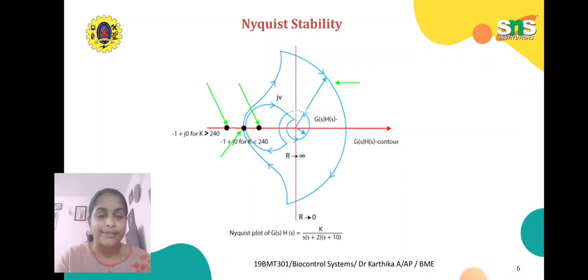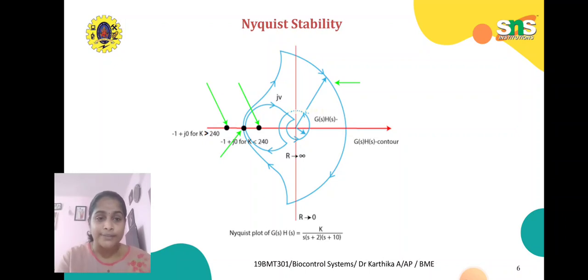Here we have a Nyquist stability plot. Here we have contours and the transfer function G(s)H(s). Here we have the real part from 0 to infinity and the imaginary part also, with -1 + j0 for K greater than 240 and -1 + j0 for K less than 240. We have the 4 sections C1, C2, C3, C4 represented here.